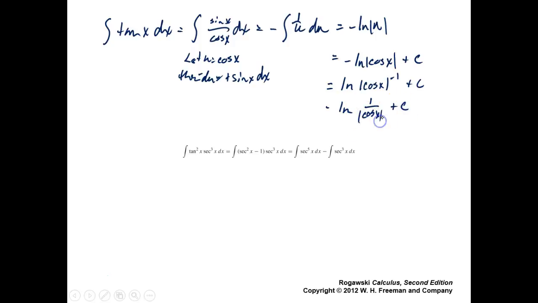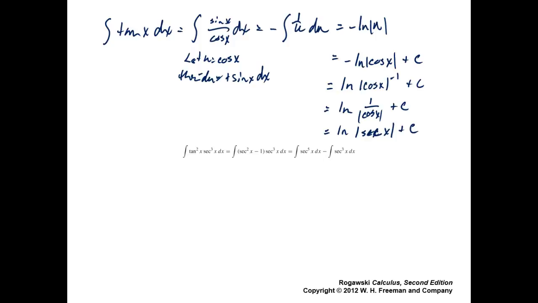Now, quit doing the absolute values, but we could. And what is 1 over cosine? Secant. So this is the log of absolute value secant x. Sometimes my secant x has come out wrong, and that's not very good. Secant x plus c. And we've just done what they ask us to do, derive that formula for the integral of tangent x. The log of absolute value secant x plus c. Okay?